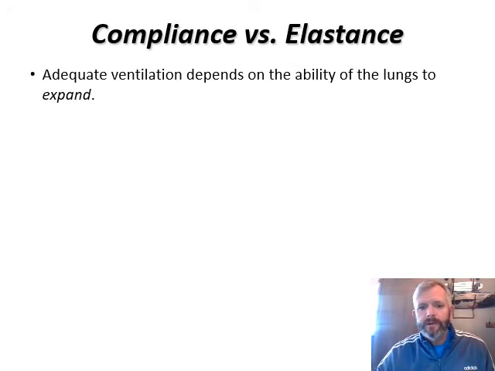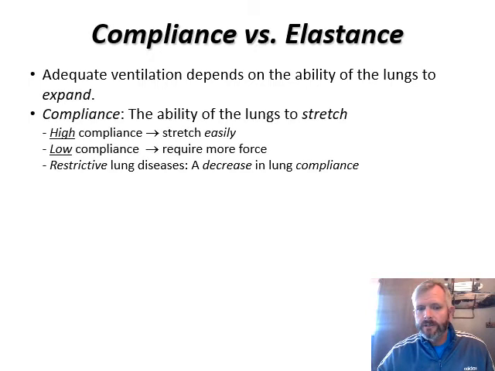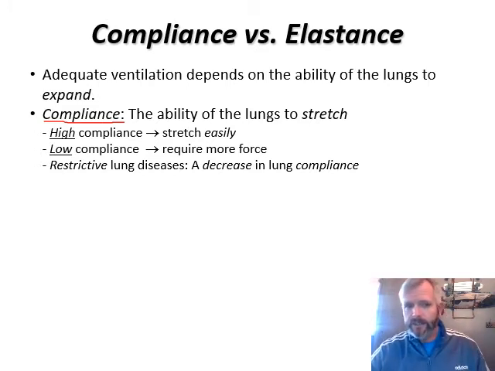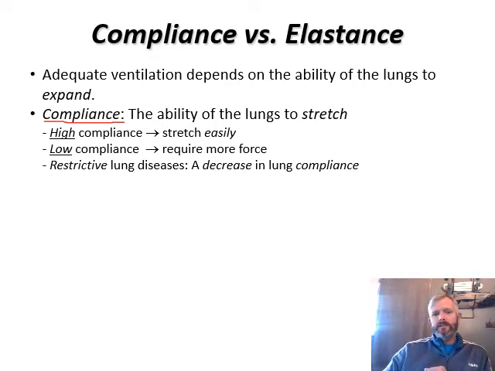Ventilation depends on these abilities. If I'm able to stretch my lungs, I'm able to lower the pressure and bring air in, inspiration. So high compliance, easily stretched, will allow for easy movement of air in.